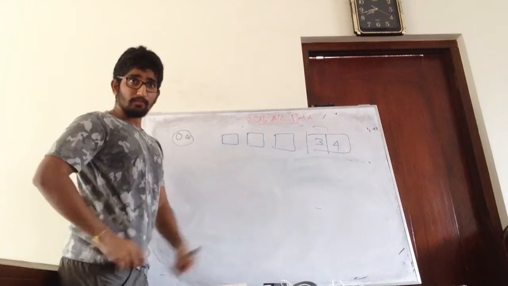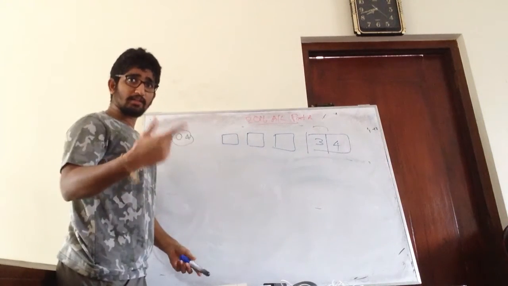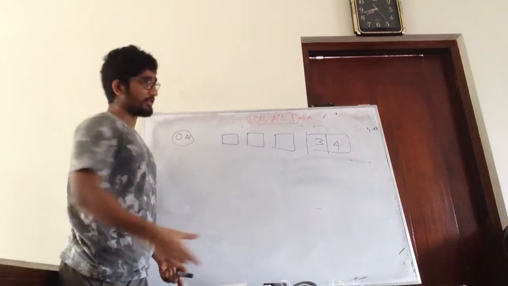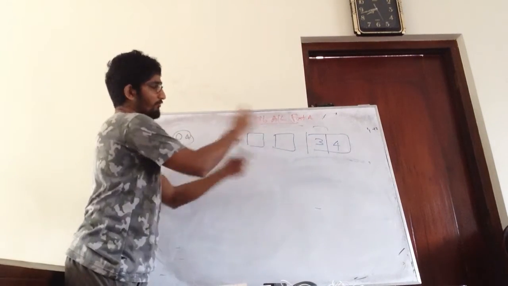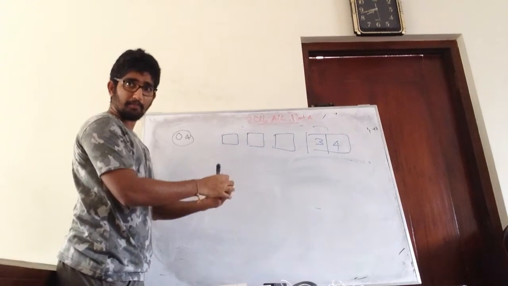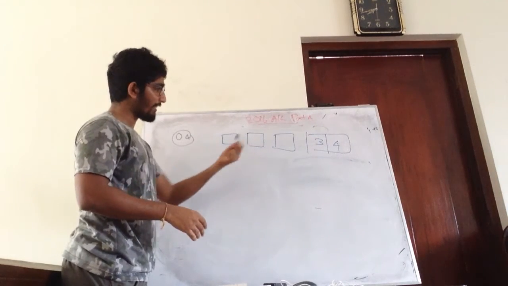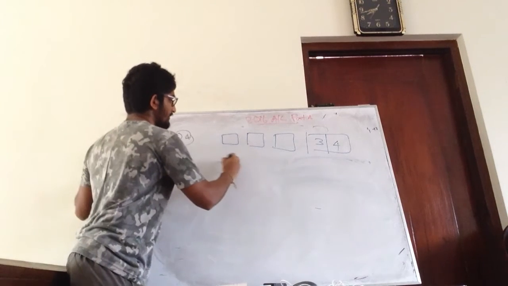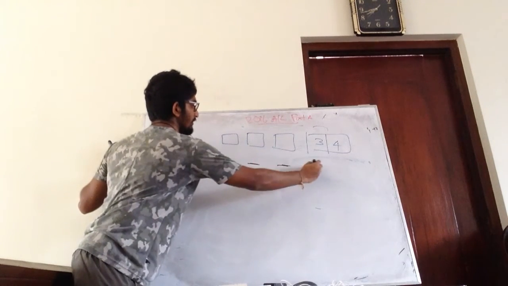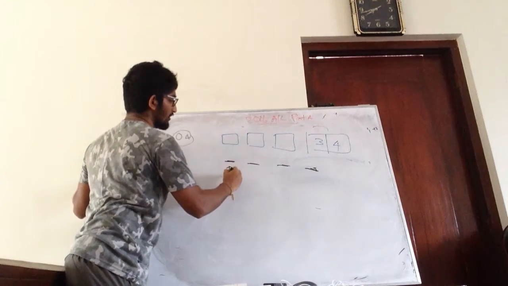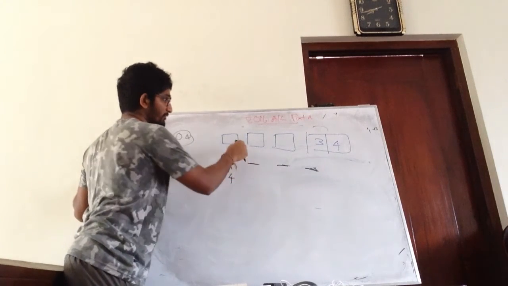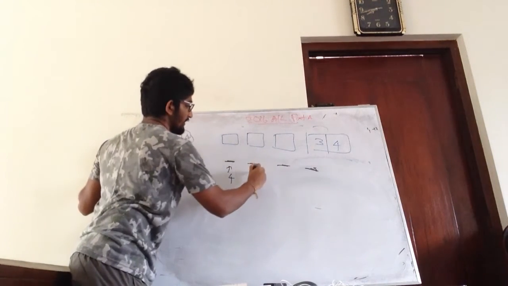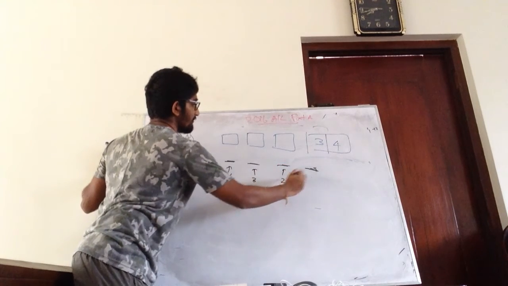So the number of combinations: for the first digit there can be 4 numbers, because 1, 2, 3, 4. Here there can be 3, there can be 2, there can be 1.